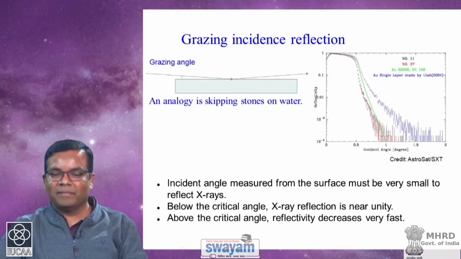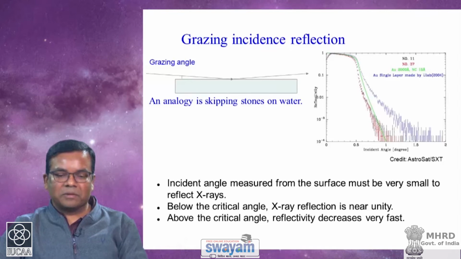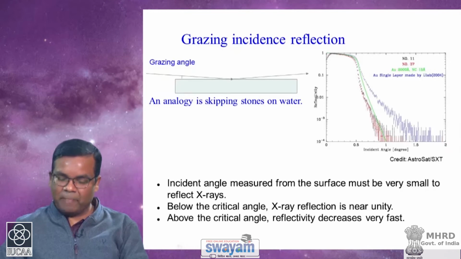It is the same for other materials, but depending on the atomic number of the material, the angle can be slightly larger. So if we want to make mirrors, one has to use this principle and require that the grazing angle is very small for X-ray reflection.